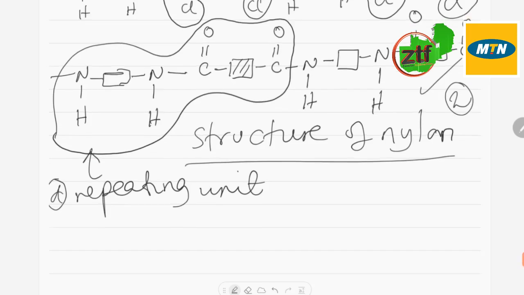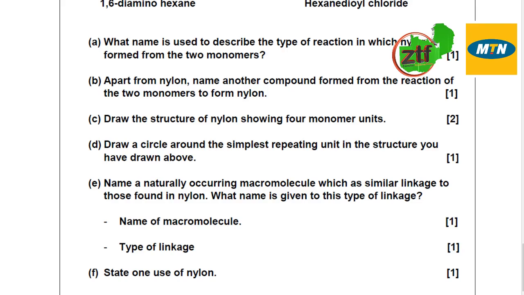Let's also look at question E. Name a naturally occurring macromolecule which has similar linkage to those found in nylon.